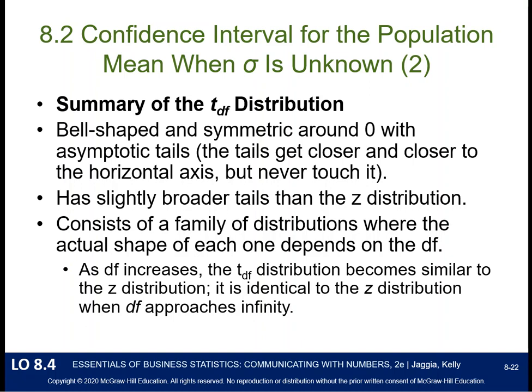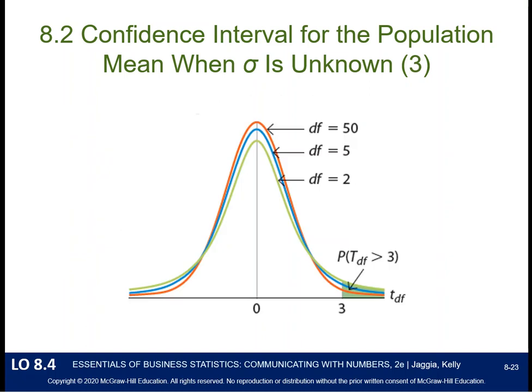But we do have broader tails. As the degrees of freedom increase, the distribution becomes closer to the z distribution. Remember, degrees of freedom is sample size minus 1, so as we get larger samples, we more closely approach that z-score.